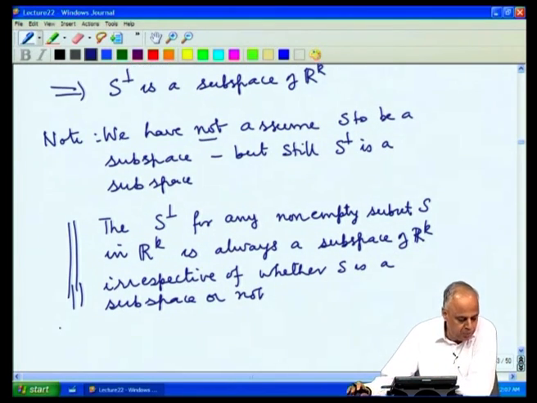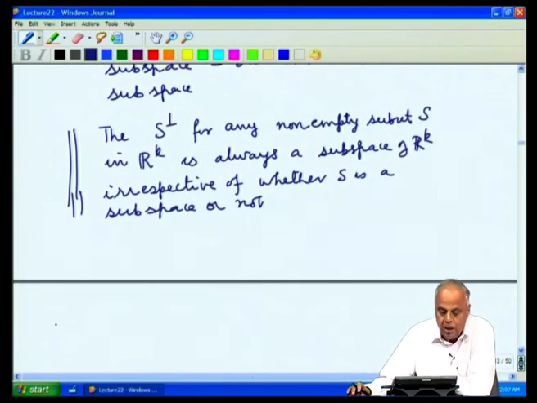So, whether S is a subspace or not, S perp is always a subspace.